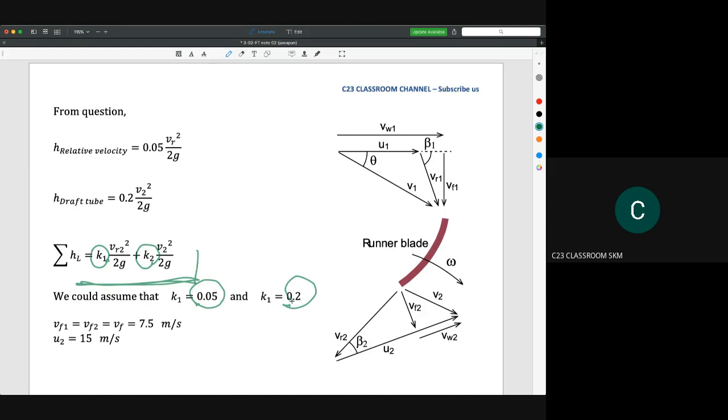From the equation, we get VF is 7.5 meter per second and U2 is 15 meter per second. Please remember that VF and U2 can be calculated from the equation.